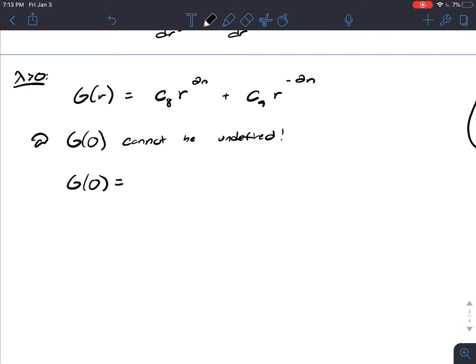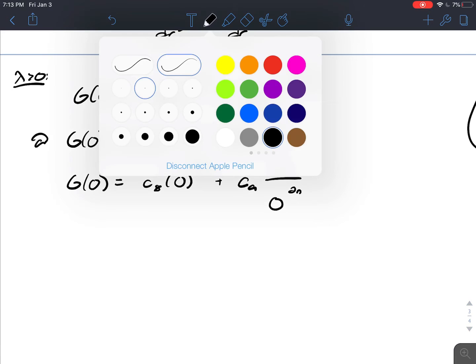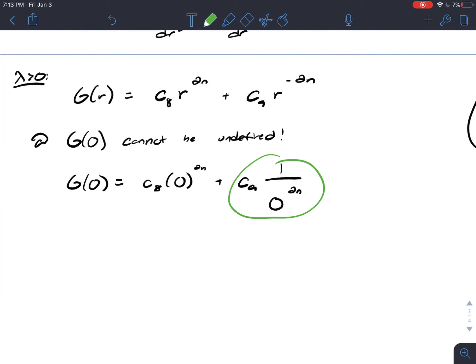So if we start looking at g of 0, right, we have C8 of 0 to the n, plus C9 of 1 over 0 to the n, right? So here's where the issue arises. For this term right here that I'm about to circle, as r approaches 0, this blows up to infinity.